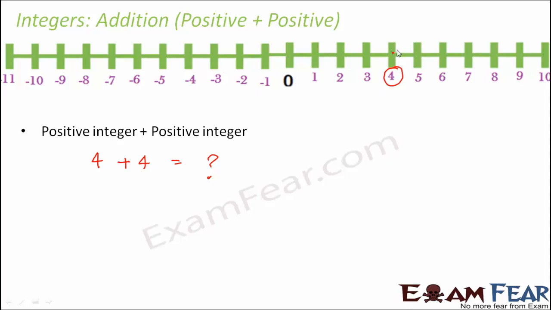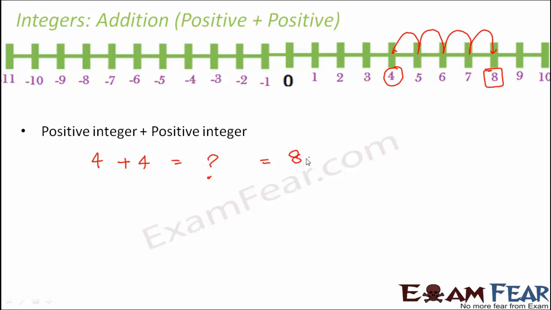So that means from 4 we will move 4 steps. Where will we move? Towards right or left? So here we are adding a positive integer. So adding positive things to our life is the right thing. So we will move towards right. So 1, 2, 3 and 4. So where have we reached? We have reached at 8. So therefore, we will say that 4 plus 4 is equal to 8.